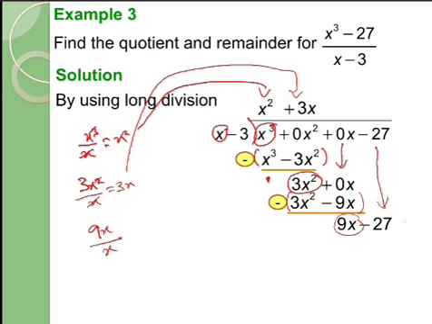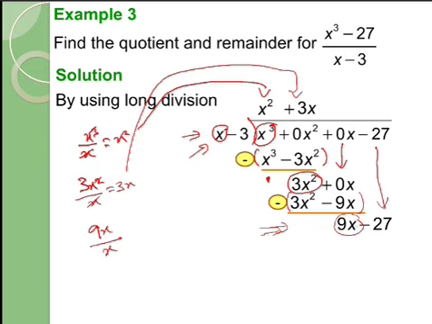We don't stop here because now the divisor is linear. So remember, the rule of thumb is that the remainder must be 1 degree less than the degree of the divisor. So if the divisor is linear, the remainder cannot be linear as well. The remainder must be less than linear. So what's less than linear? Of course, it's just a constant. So this means that you are not done yet.